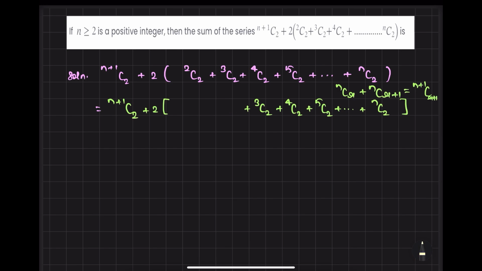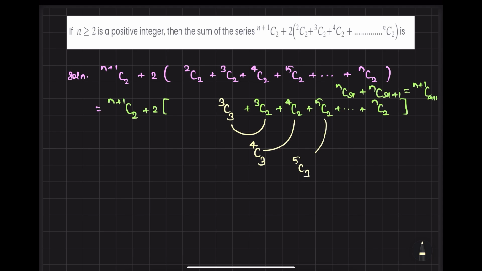What is 2c2? 1. So in place of 2c2, can I write 3c3? Just tell me. So these two will get clubbed and will produce 4c3. Now these two will get clubbed and will produce 5c3.